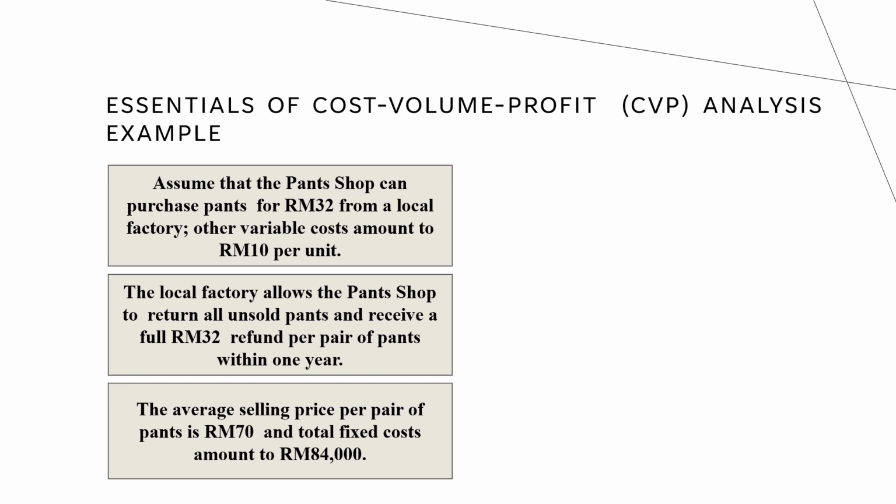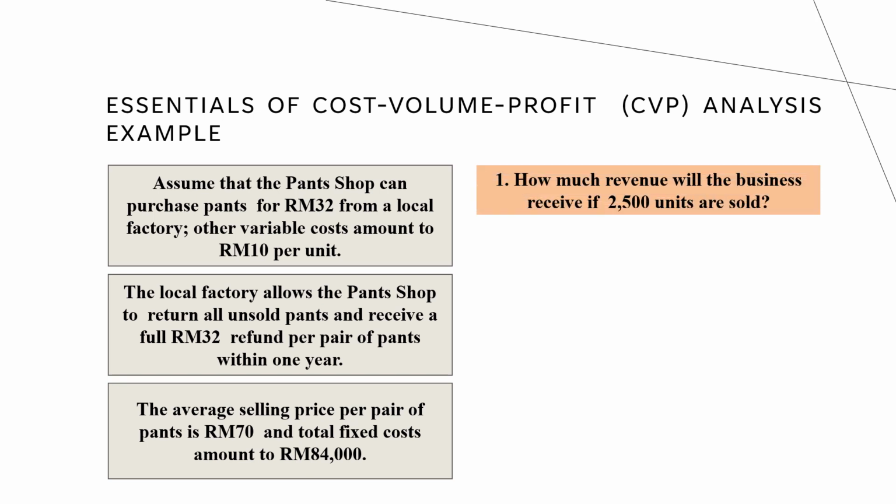Okay, referring to the information that we have, the question asks how much revenue the business will receive if 2,500 units are sold. In order to answer this question, we need to know the selling price. Our selling price is 70.